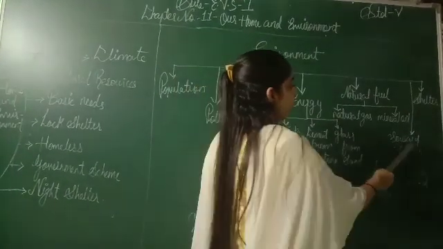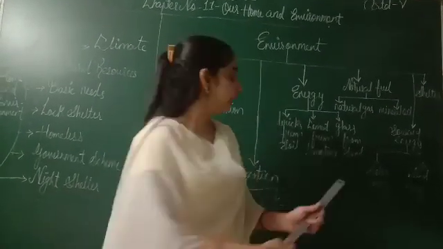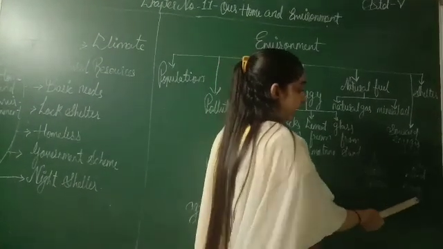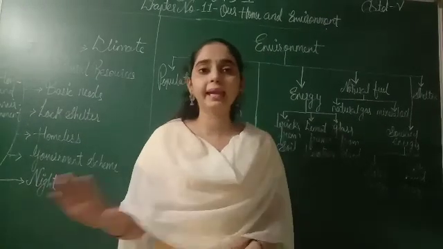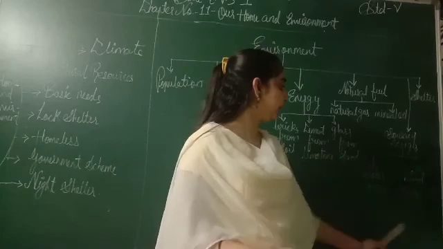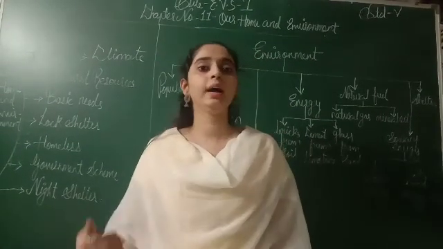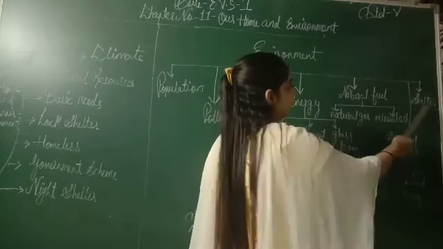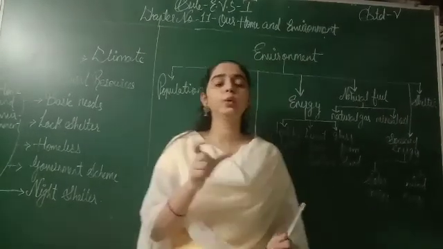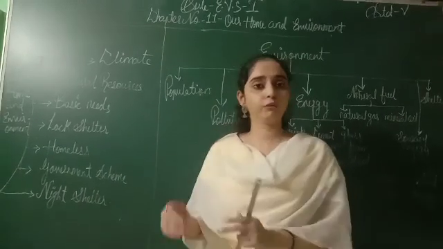Next is sources of energy. We also have different kinds of energy, that is solar energy and wind energy. It will never end, it is non-exhaustible, and this is very important to us as our population has also increased. Last one is shelter. Every human being needs shelter in a proper environment.